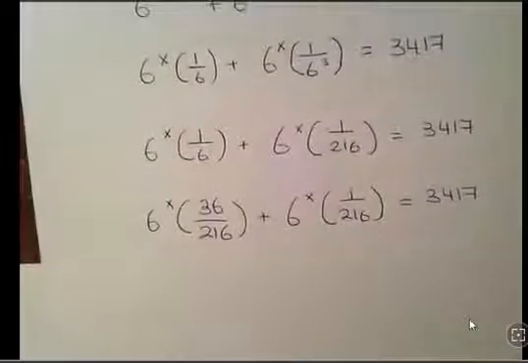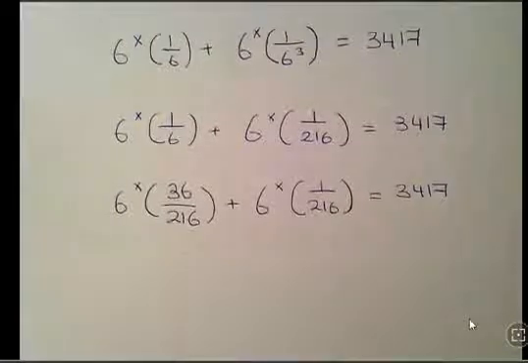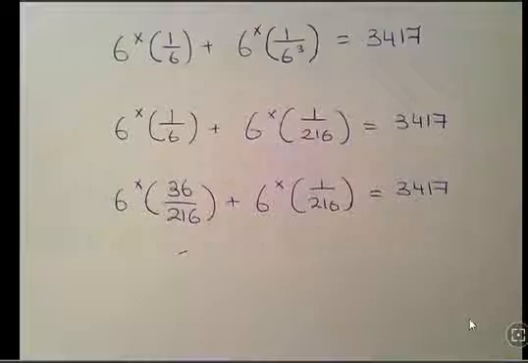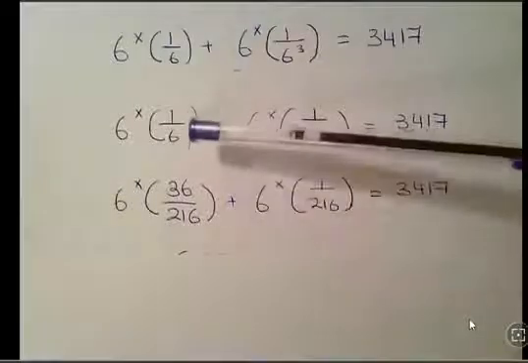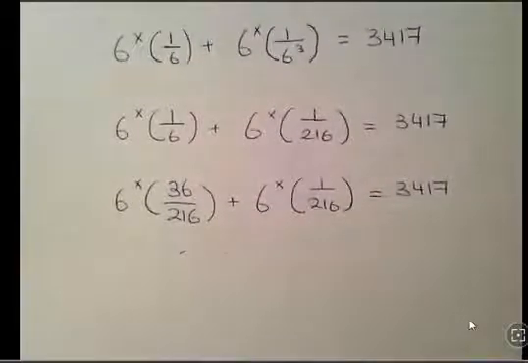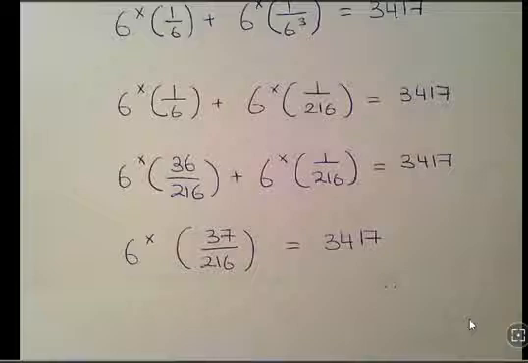I'm going to rewrite 1 over 6 as 36 over 216, getting a common denominator, and simply add the two numbers. So we get 36 over 216 plus 1 over 216, that's 37 over 216. And so 6 to the power of x times 37 over 216 equals 3417.